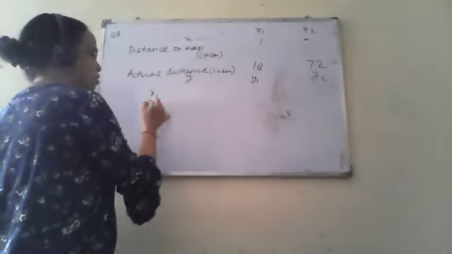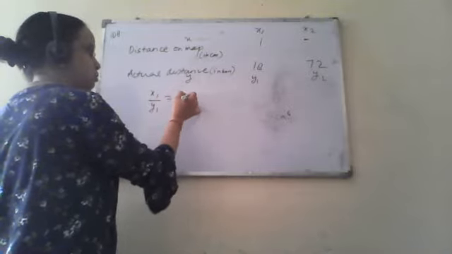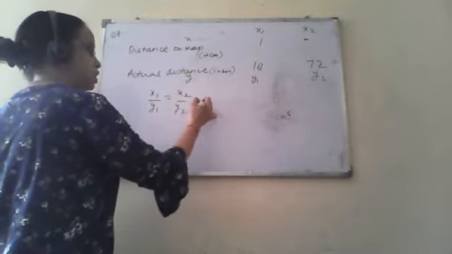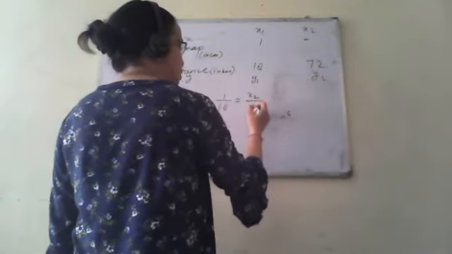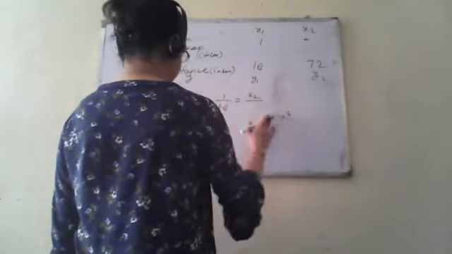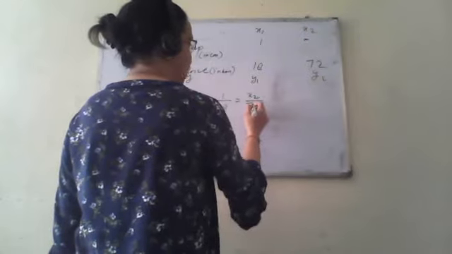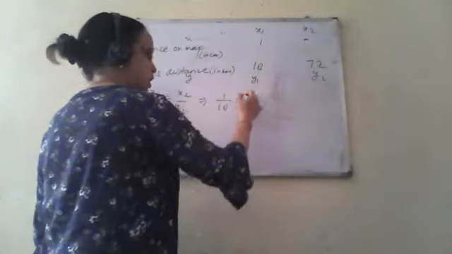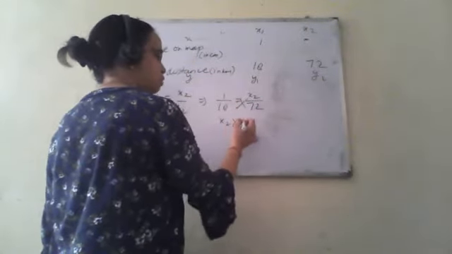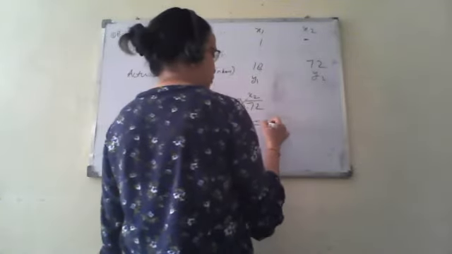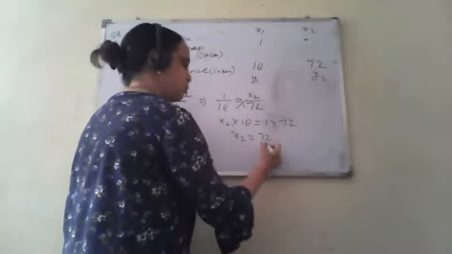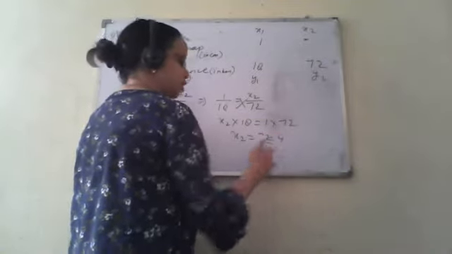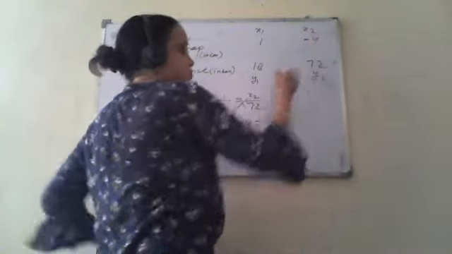So x1 upon y1 equals x2 upon y2, that means 1 upon 18 equals x2 upon y2, y2 is 72. By cross multiplication, x2 into 18 equals 1 into 72, and x2 will become 72 upon 18, that is 4. So distance on map will be 4 centimeter.